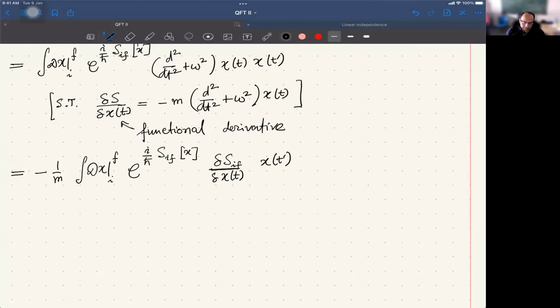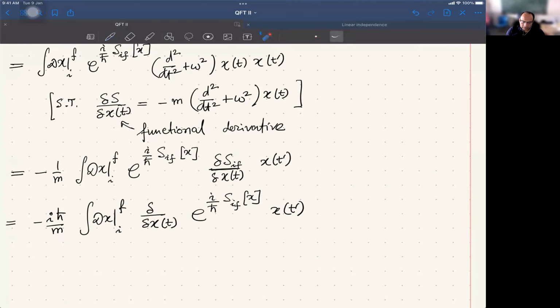Now you can write the same thing as minus iħ over m integral Dx_i^f δ/δx(t) of e^{(i/ħ) S_i^f[x]}. So what I've done is combined these two to write this, because the derivative of this exponential is the exponential times i by ħ δS/δx, right?